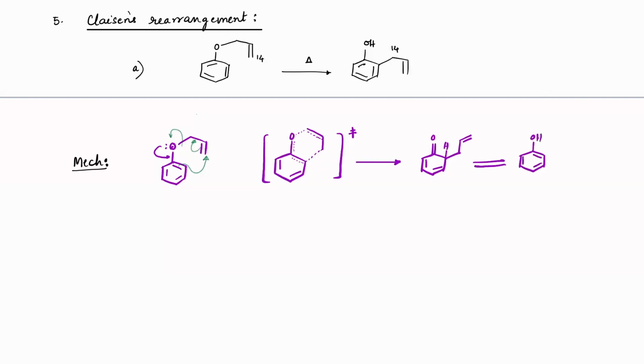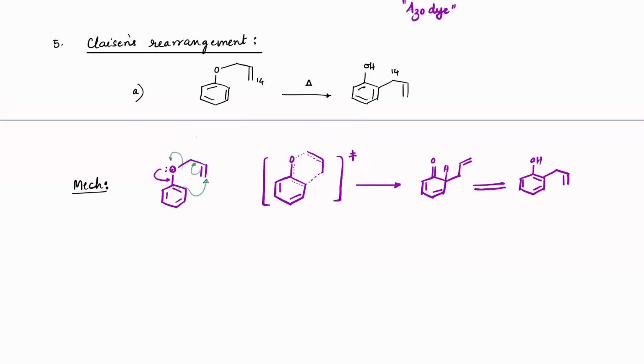So you'll get OH and double bond here. Okay, you notice one thing: since the carbon 14 is here, that got connected on this position now. So that carbon 14 will be here now. So you can see this is where it is, so that will become connected here.